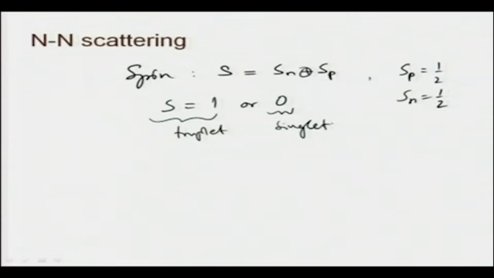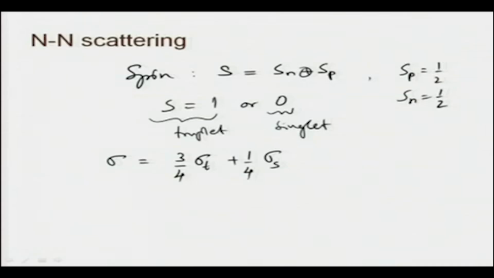Now, in such cases, supposing we have the total sigma depending on the triplet and singlet, let me denote them by sigma_t and sigma_s respectively. And since triplet has 3 states and singlet has 1 state, we also have a multiplicative factor of 3 over 4, an averaging factor there, and 1 over 4 here to find the total cross section. Now, what about the value that we computed?